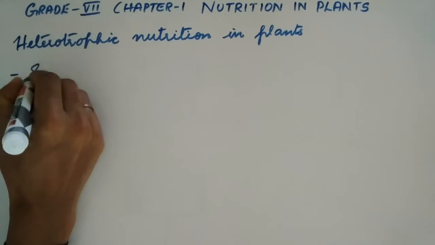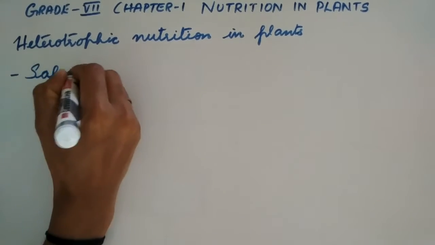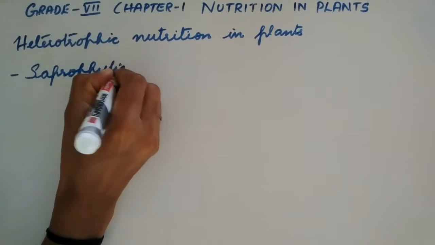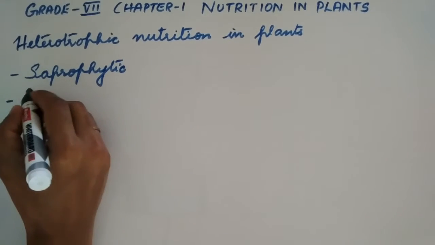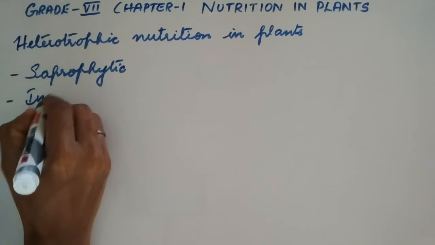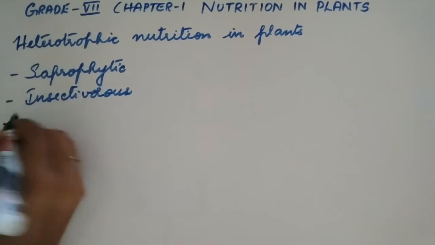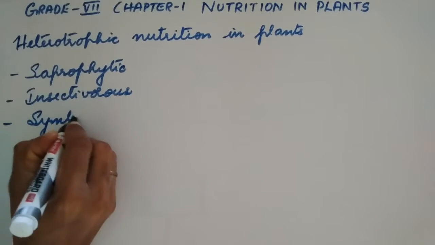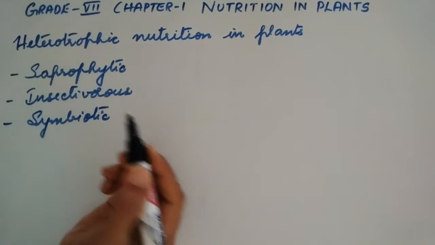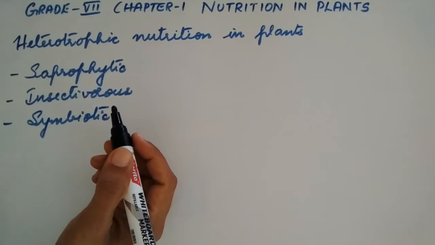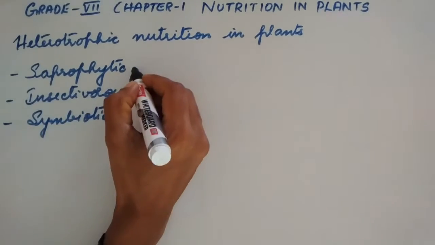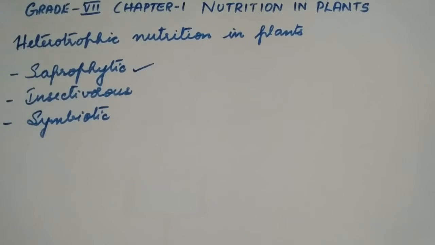They are the saprophytic mode of nutrition, the insectivorous nutrition, and the last one is the symbiotic mode of nutrition. So first let us learn in detail the saprophytic mode of nutrition.